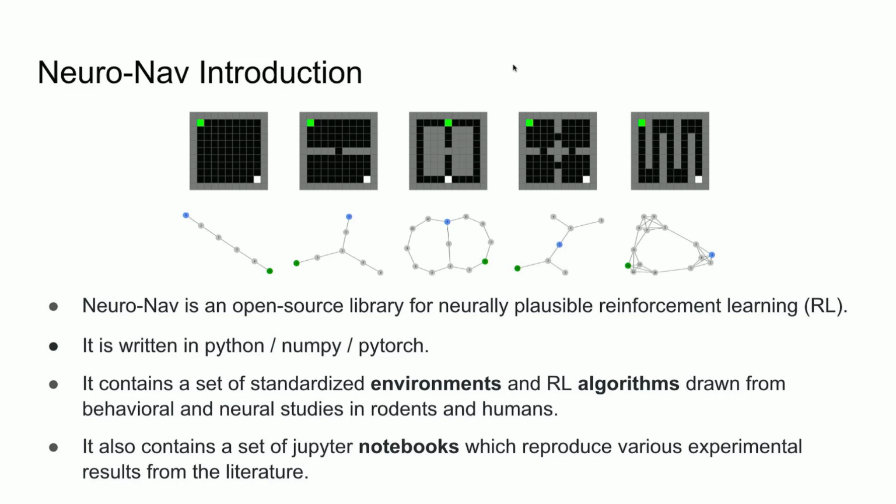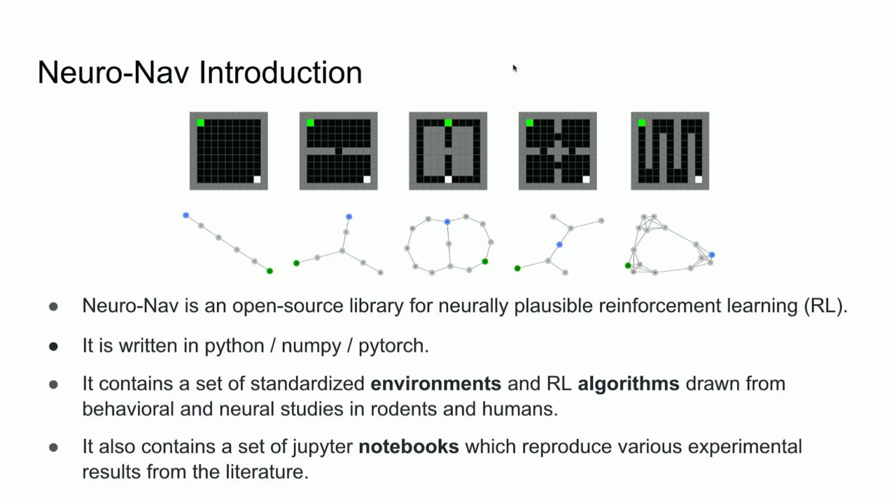We've touched on it, I guess, indirectly, but it's this open source library we've been working on for doing this kind of reproducible work around RL and cognitive science, cognitive neuroscience. And it is composed of three main components. So we have a set of standardized environments, which are OpenAI gym style environments, so they can interact with typical RL algorithms that people often code up and put on GitHub that work with gyms.